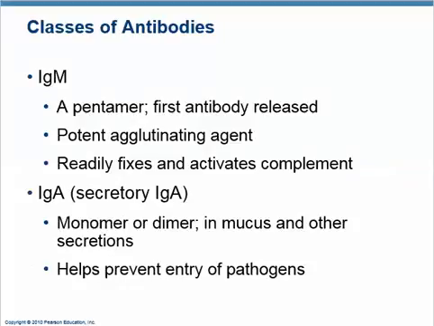So the IgM is kind of a star-shaped thing. It looks a bit like a snowflake. And what it does is it agglutinates. It joins things together. It's kind of like a chain gang.